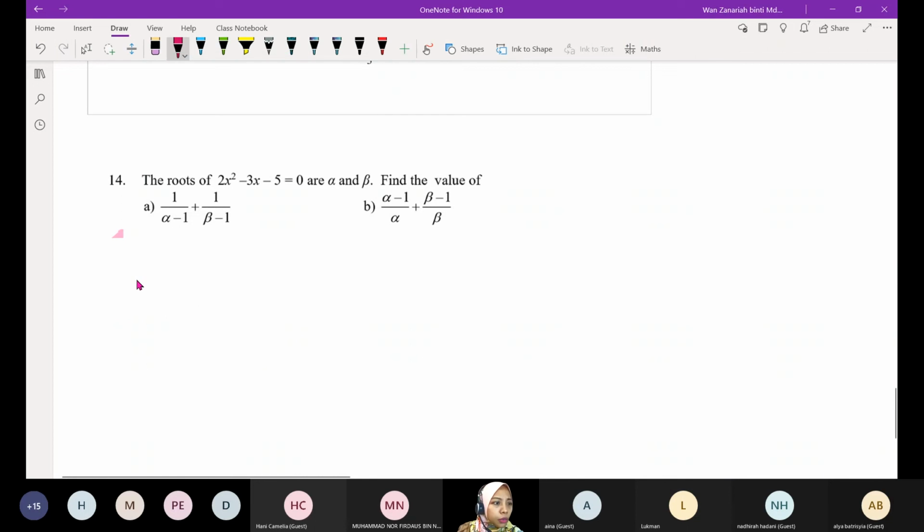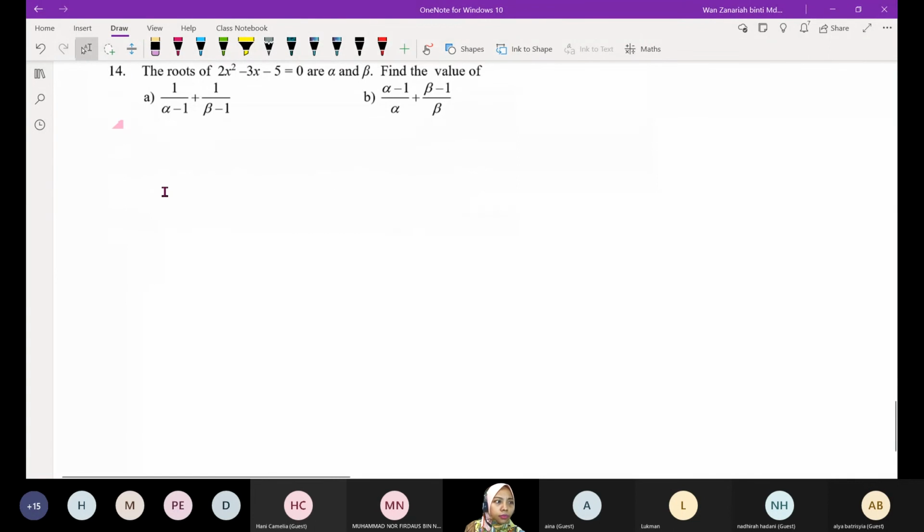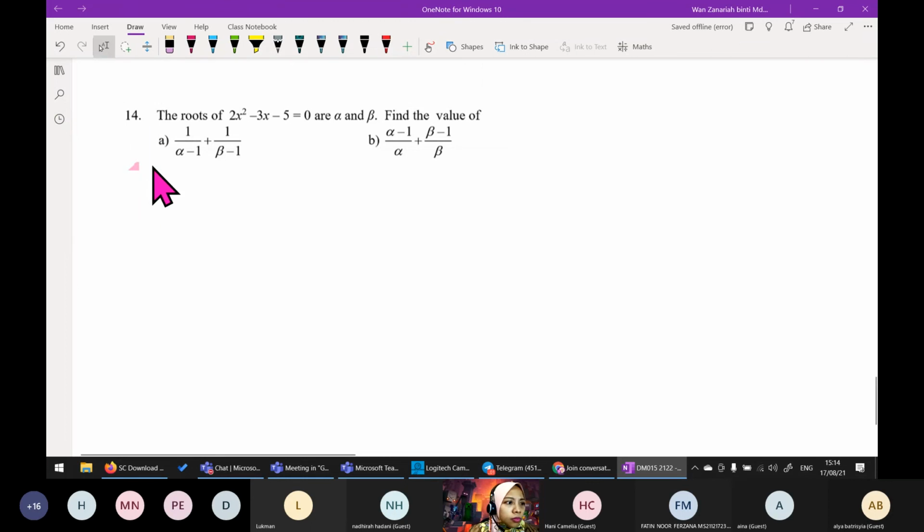Okay, the roots are given to 2x square minus 3x minus 5. So kita jadikan coefficient dia 1. Okay, so jadi x square minus 3 over 2 x minus 5 over 2.